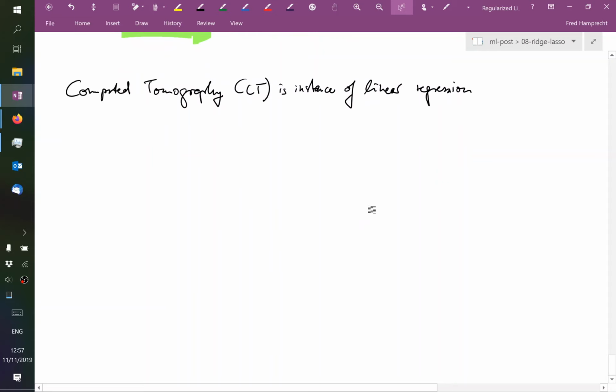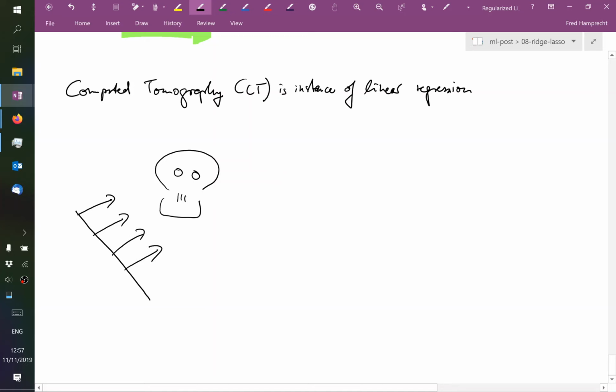So how it works is we have some unknown body. Let's say if we're in medical imaging, this could be a skull. And we now send X-rays. We can invent different geometries, but the simplest geometry to reason about is just parallel X-rays.